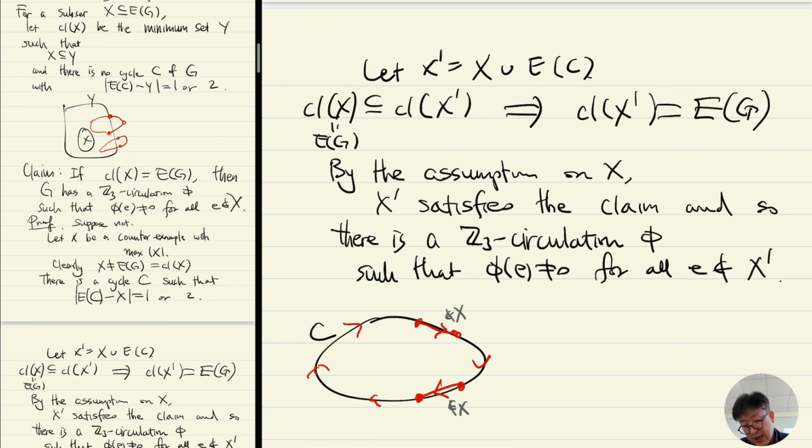What could be possible is probably maybe both could be 0, or maybe one of them is 0, the other is maybe plus minus 1, or this is 0, and the other is plus minus 1. These are the possibilities.